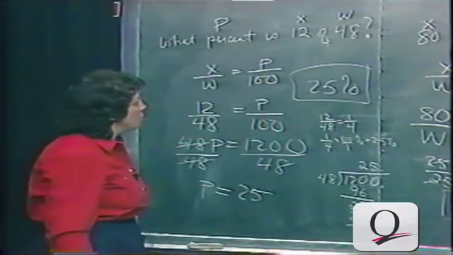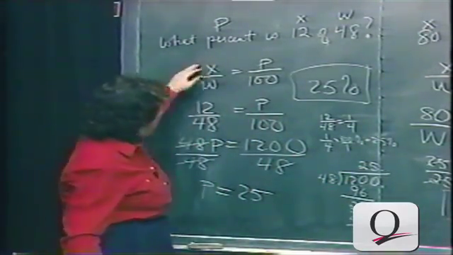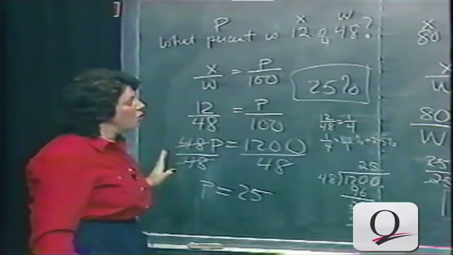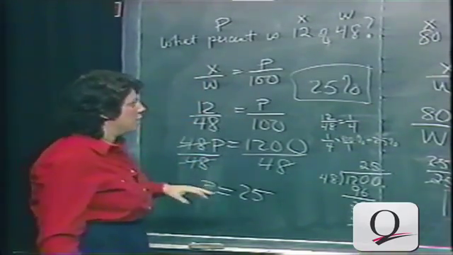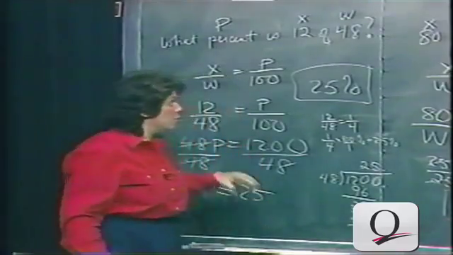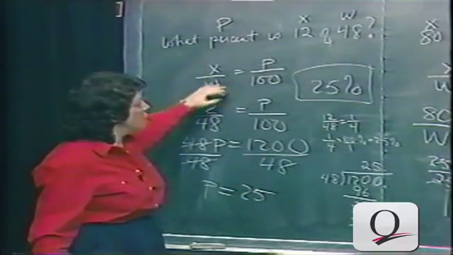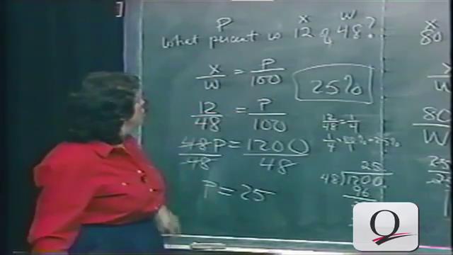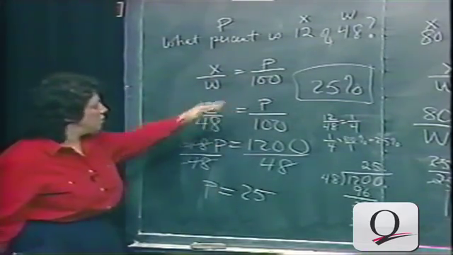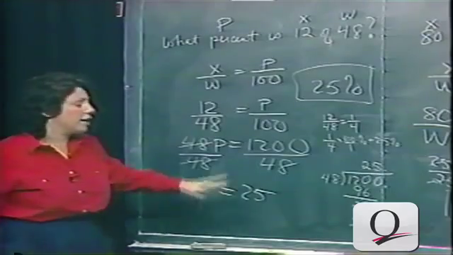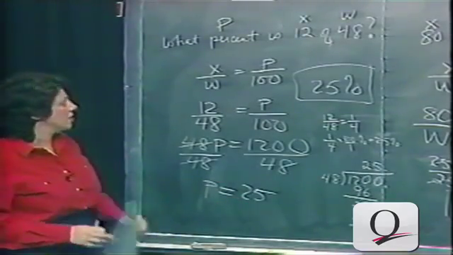But if you've been having trouble with these problems, perhaps the XWP method, if you use it on all of them, will help you. You may have other techniques that work, but this may carry you through all of your problems. X is to W as P is to 100. So 12 is to 48 as P is to 100, and we figured out that P was 25% in this case.